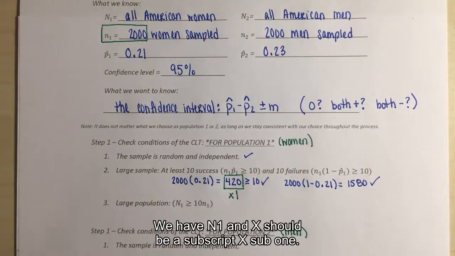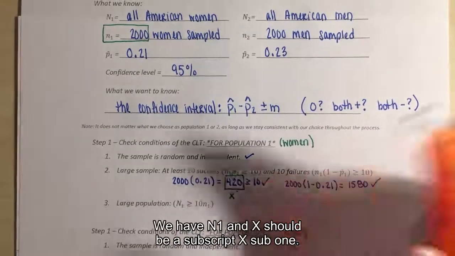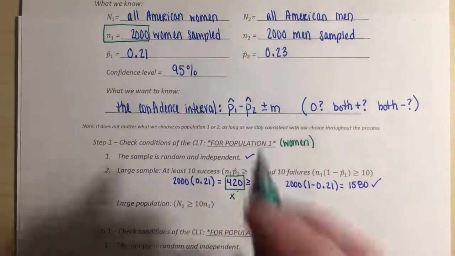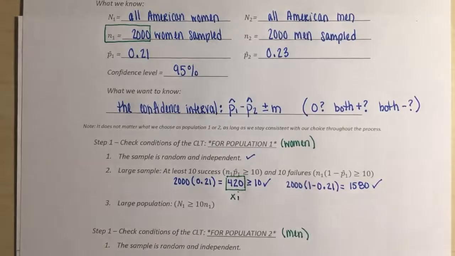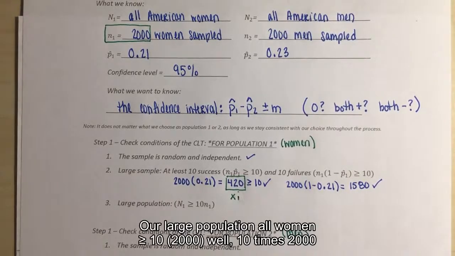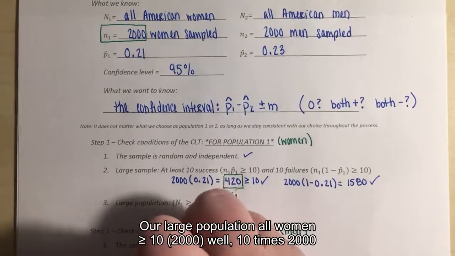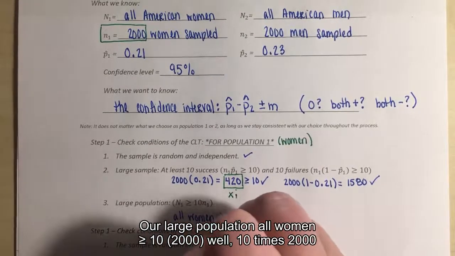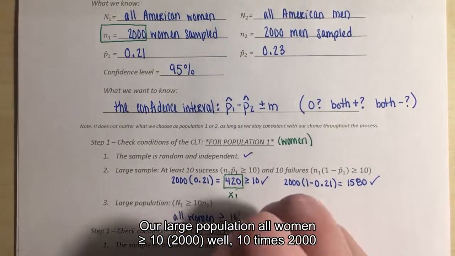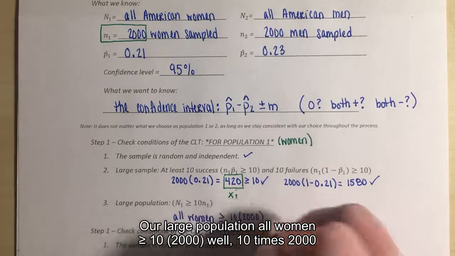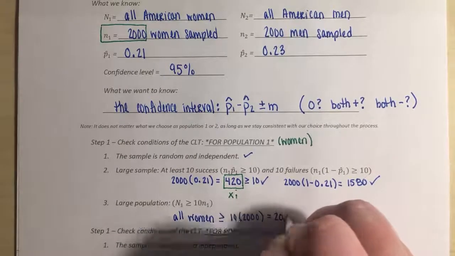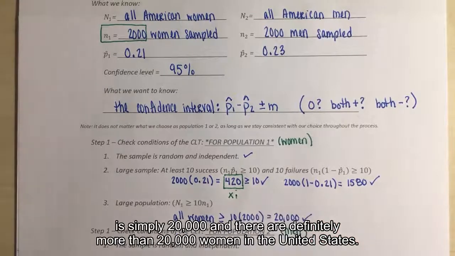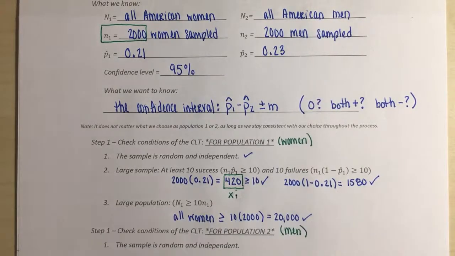So we have N1 and X, that should be a subscript, X sub 1. Our large population, all women, should be greater than or equal to 10 times 2,000. Well, 10 times 2,000 is simply 20,000, and there are definitely more than 20,000 women in the United States.